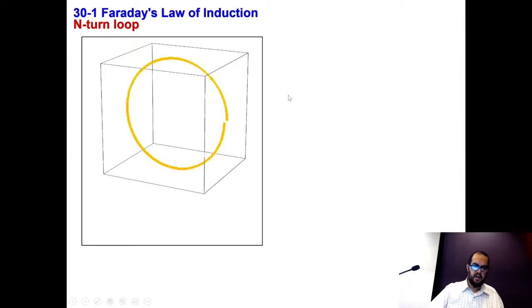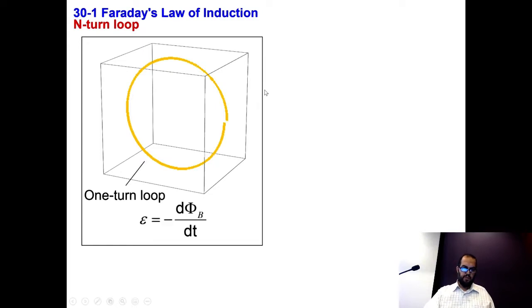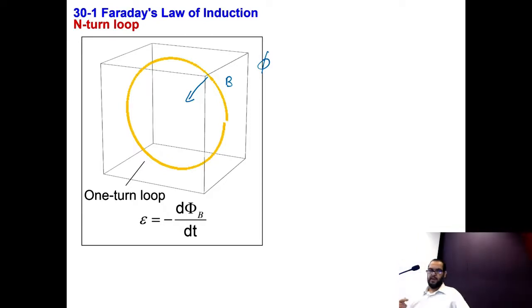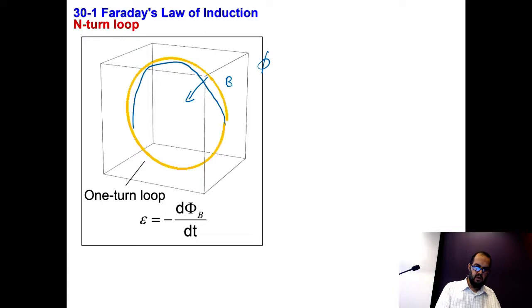All right? Now, if you have one loop and you change, for example, the magnetic flux through this loop, we can write that the induced EMF is minus the derivative of the flux with respect to time. This is for a single loop. If now you make a second loop, this becomes minus 2 times the derivative of the flux with respect to time.